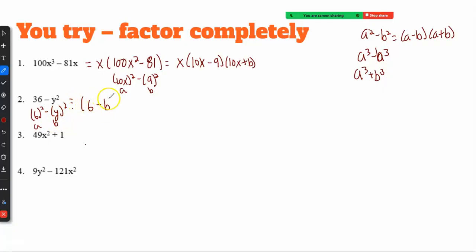So a minus b, sorry, my b is a y, not a b. If I look at 3, this isn't difference of squares, difference of cubes, or sum of cubes, so I can't factor further.